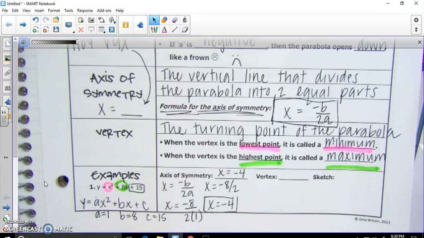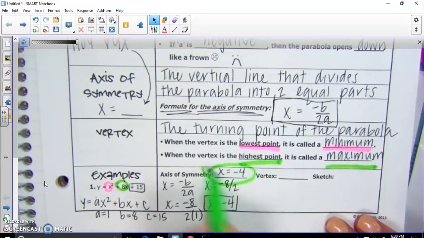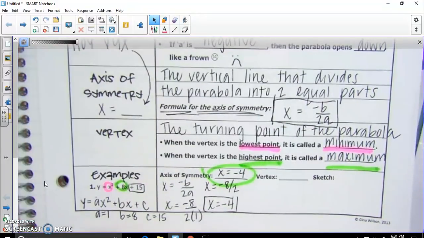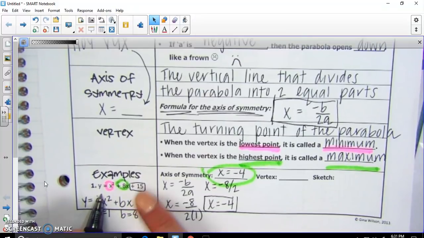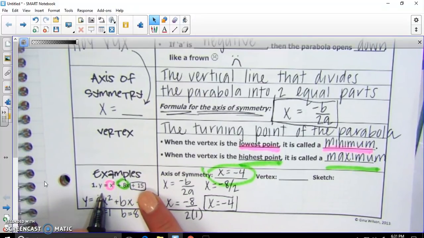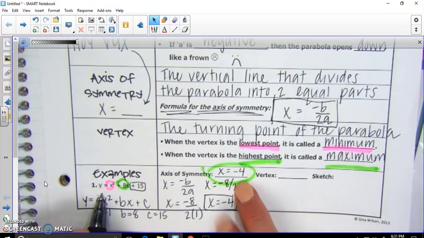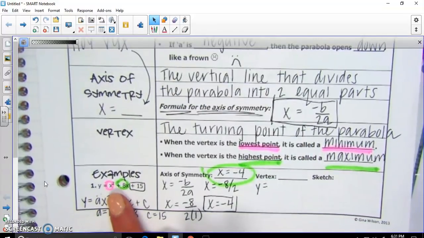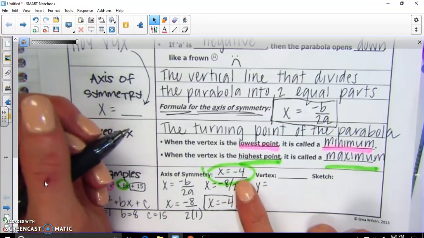We're going to use this to then find the vertex. All right, so once you have the axis of symmetry, that's the x value where the vertex is located. Okay, so we're going to take our original quadratic function, and we're going to plug in negative 4 for x. So it'll look something like this. It'll say y equals, instead of x squared, we're going to take this x value, negative 4.